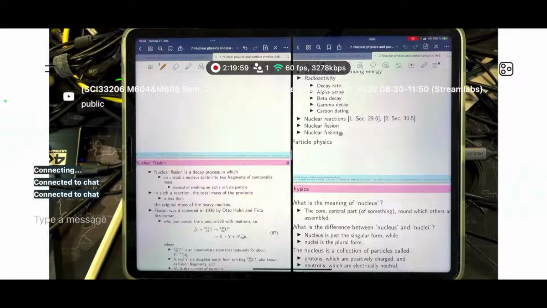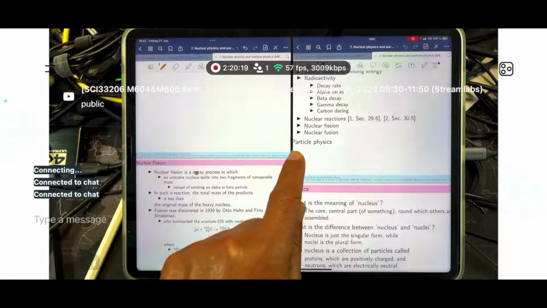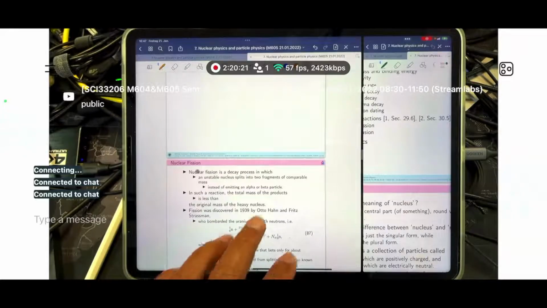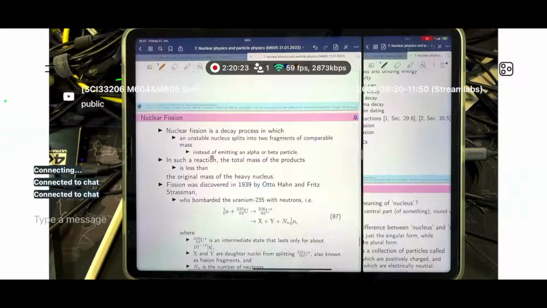But nuclear fission is in the former state, right? In my grandparents' generation, or in your grandparents' generation too, I'm not sure, it took place so many decades ago, nuclear fission. Nuclear fission is a decay process that is also man-made. It doesn't take place in nature.